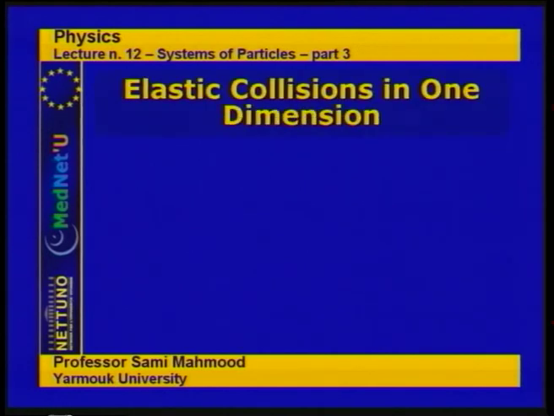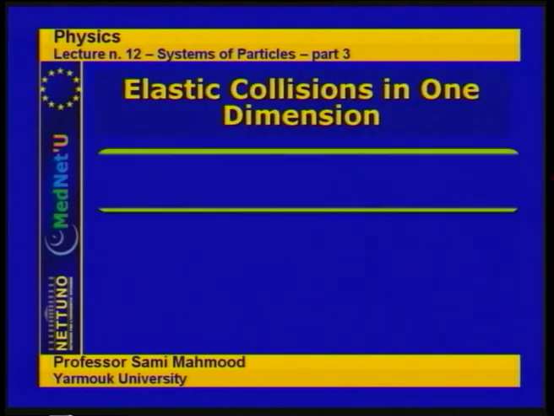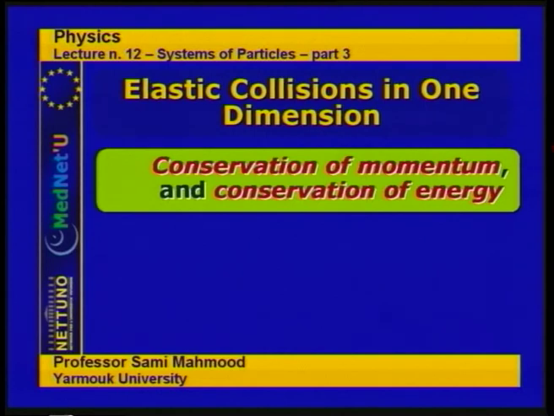So in an elastic collision in one dimension, we encounter the conservation of momentum as usual, because momentum is conserved in all collisions, and we encounter the conservation of energy also.